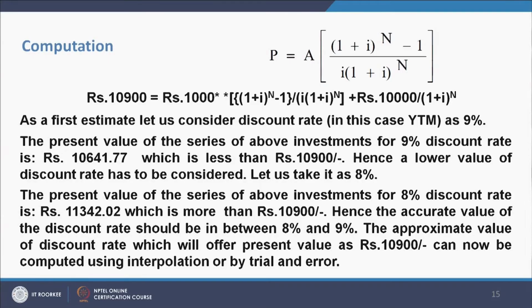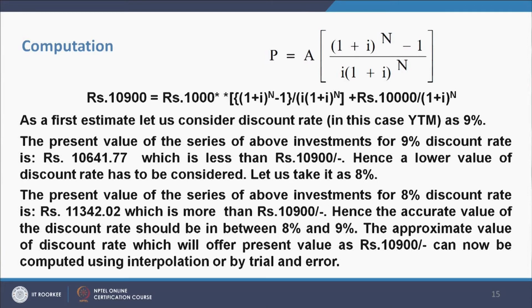As a first estimate, let us consider the discount rate, in this case YTM, as 9%. The present value of the series of above investment for 9% discount rate is rupees 10,641.77, which is less than 10,900.